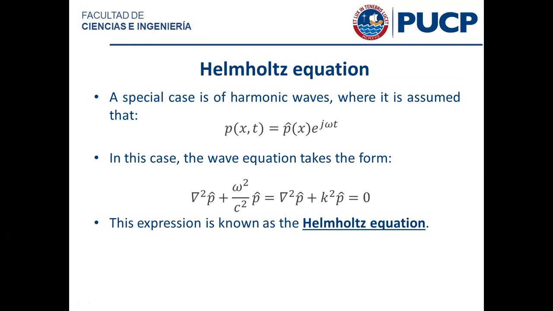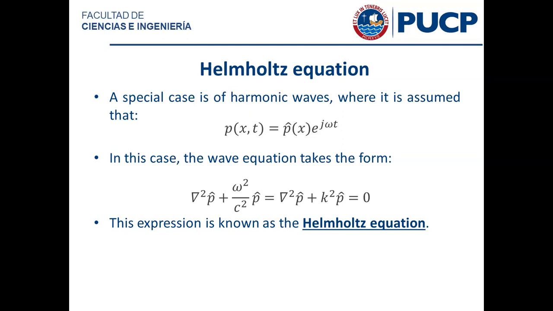Harmonic waves are waves that, in principle, have a pressure field that depends on x and t. We are going back to the case where we have a simple one-dimensional space, because it just simplifies things notation-wise. So we have a pressure field of x and t, which we are going to assume has a temporal dependency given by e to the j omega t.